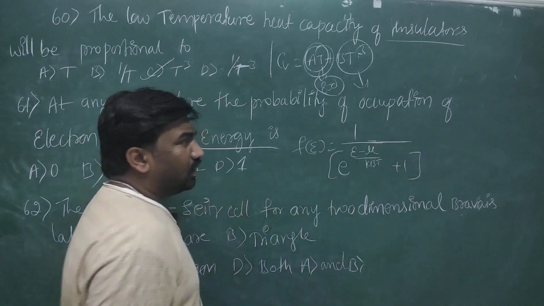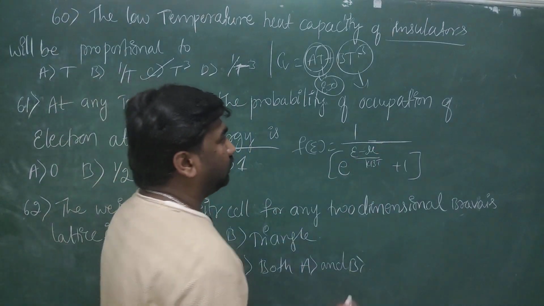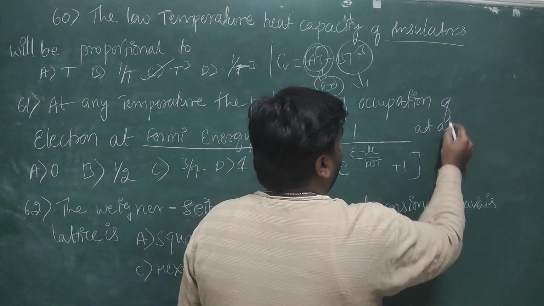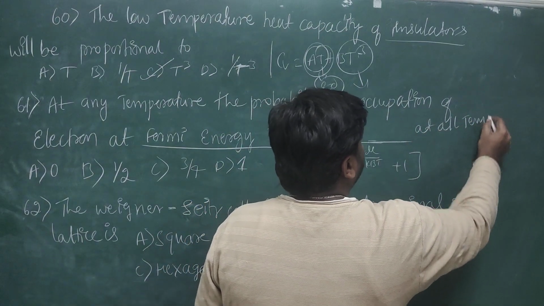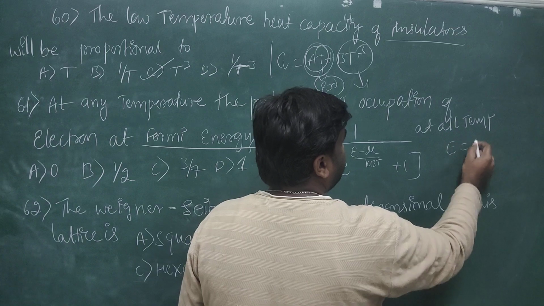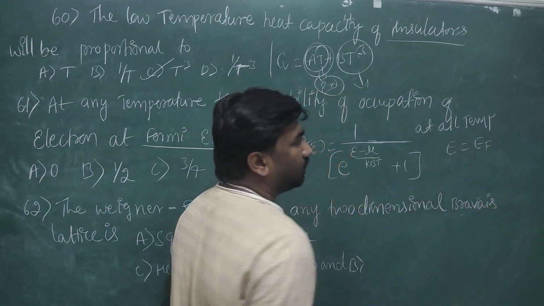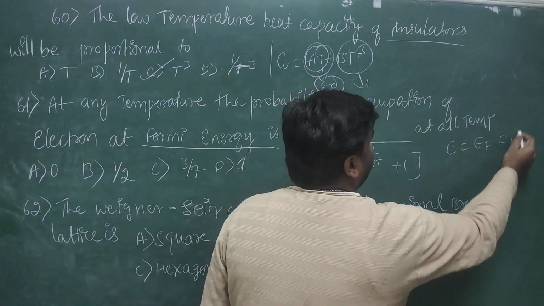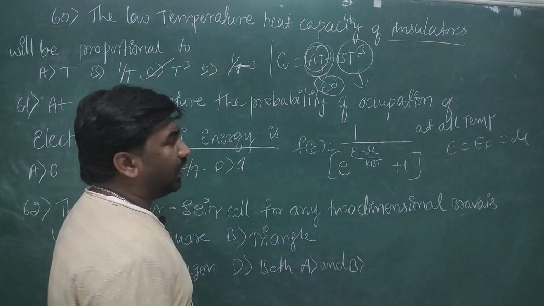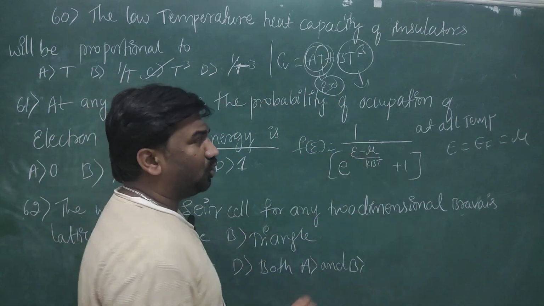At any temperature, if E is equal to E_F, which is equal to mu, then E minus mu is equal to 0.